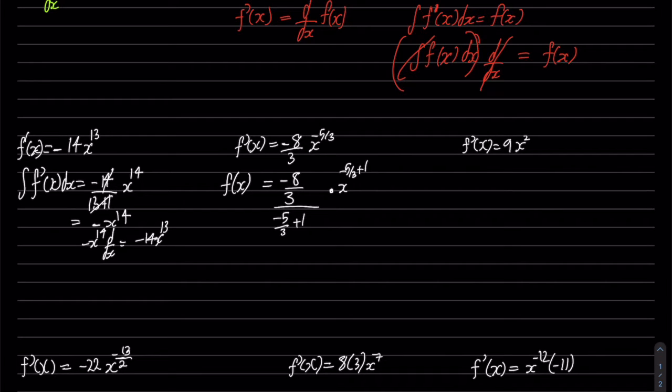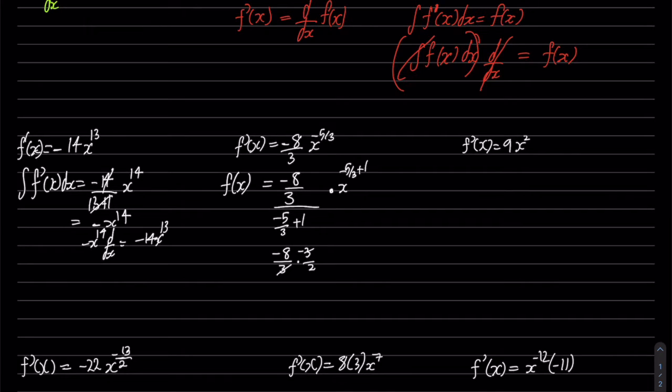Why not, right? So negative 5 over 3 plus 3 over 3, you got yourself negative 2 over 3, right? So now you got negative 8 over 3. 2 over 3, it was also negative, so negative 3 over 2. Cancel this out. Get negative 8 over 2.